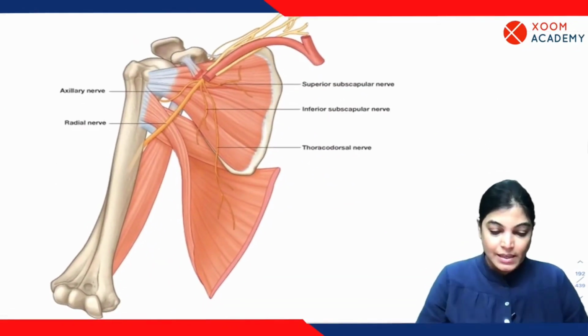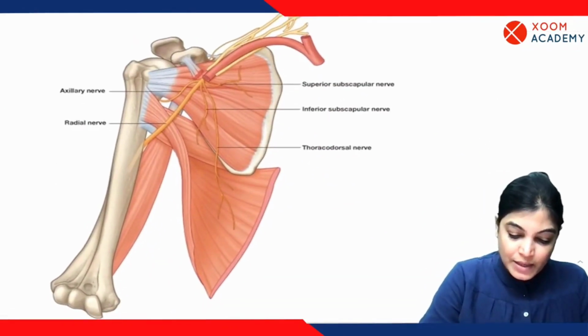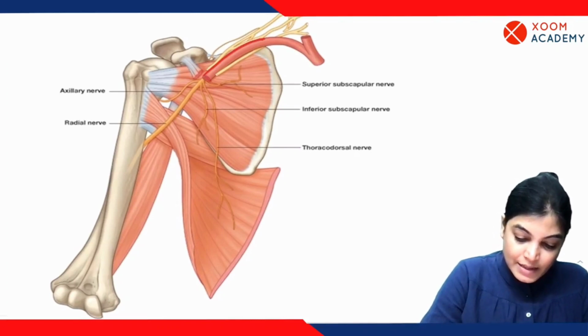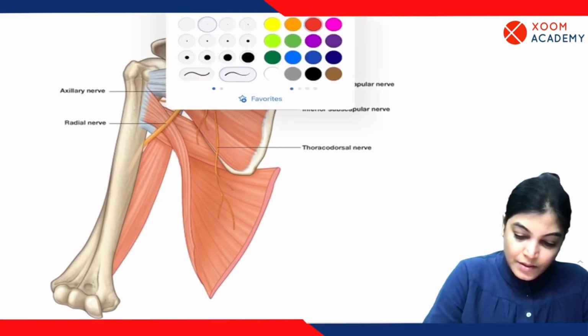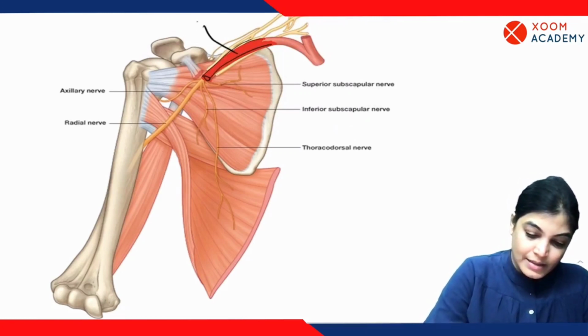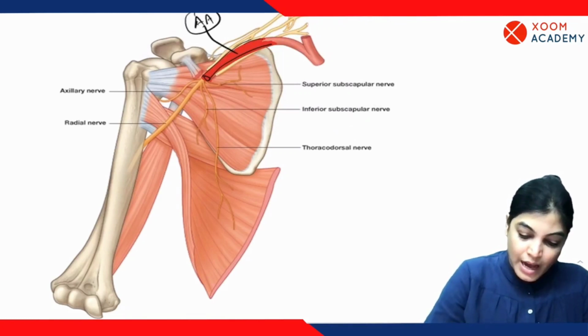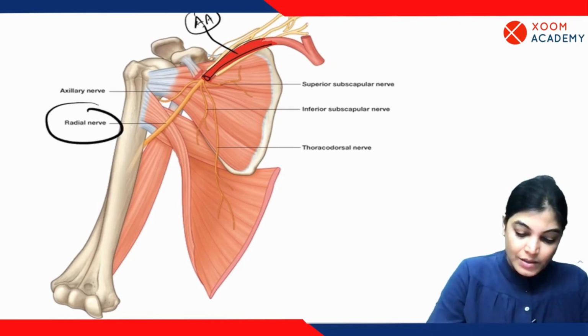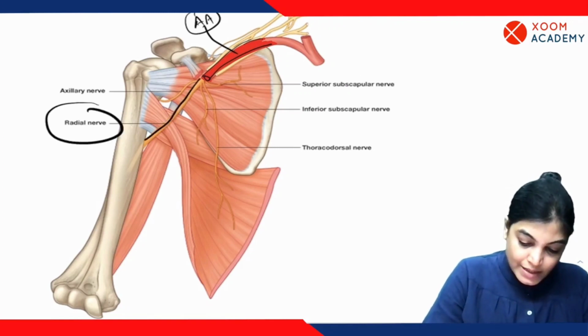Here you can clearly see the axillary artery, AA for the axillary artery, and you can see the radial nerve is located posterior to the axillary artery.